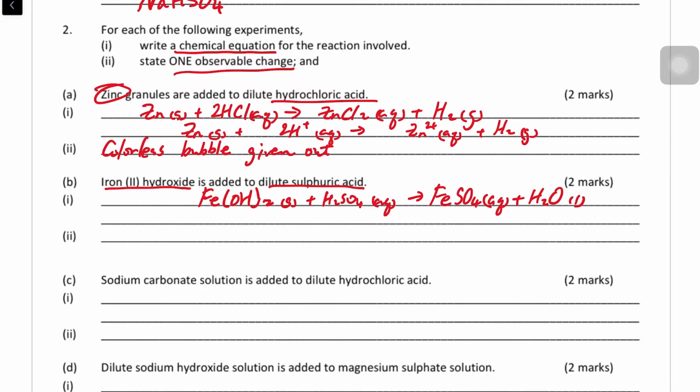The equation should be balanced 2 and 2. The observable change is the colorless solution becomes pale green, contributed by the iron(II) ion.